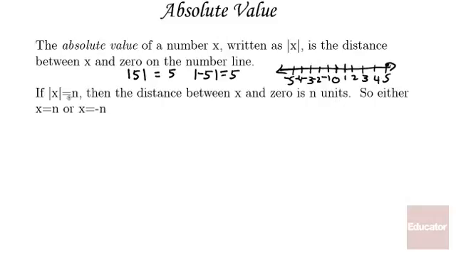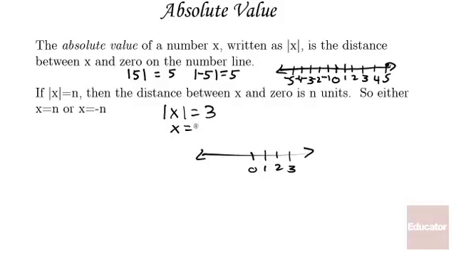So if the absolute value of x is, say, 3, then I know that x is 3 units from 0 on the number line. Well, that means that x could be 3 because 3 is 3 units from 0 on the number line.